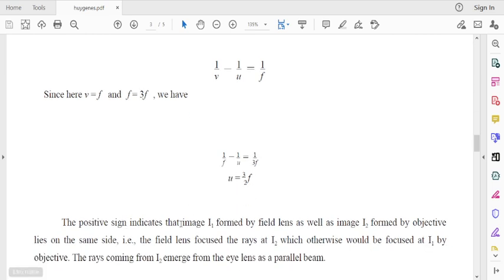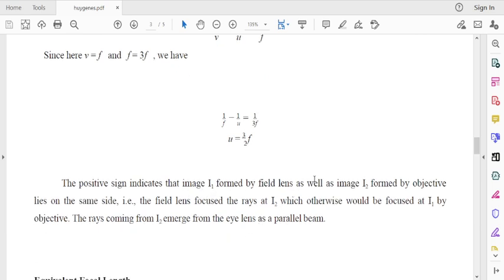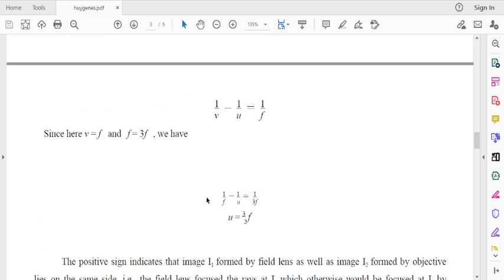The positive sign indicates that the image I1 formed by the field lens and the image I2 formed by the objective lie on the same side. It means the field lens focuses the rays at I2 which otherwise would be focused at I1 by the objective, and the rays coming from I2 emerge from the eye lens as a parallel beam.